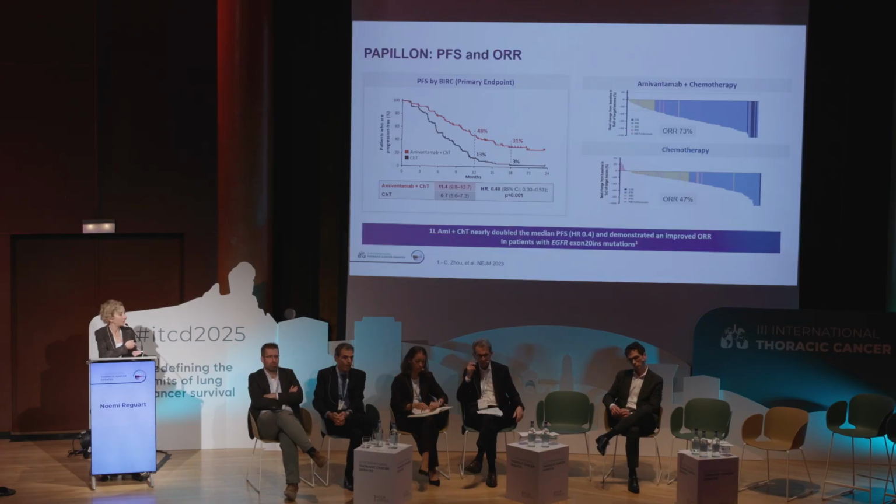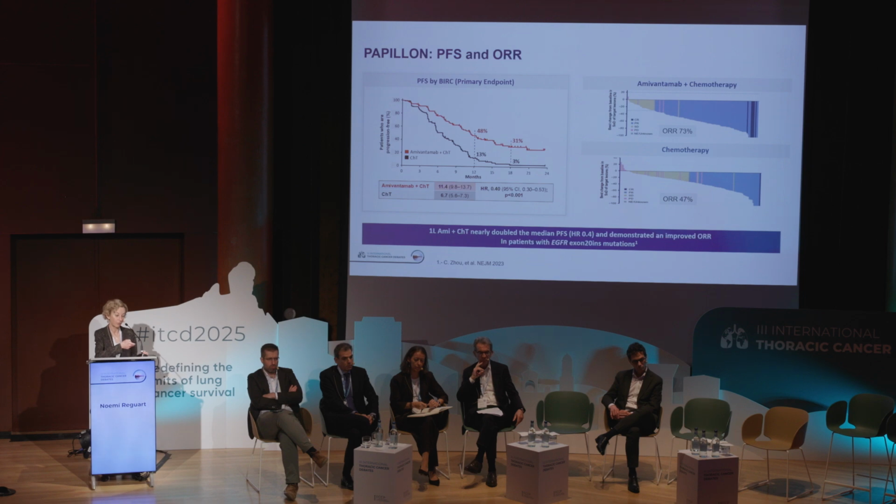Amivantamab combined with chemotherapy in the first-line setting improved progression-free survival, almost doubling it from 6 to 11 months, with this hallmark 18-month 10-fold improvement from 3% to 31%. And it also showed higher activity, from around 50% to 70% overall response rate when using the combination.